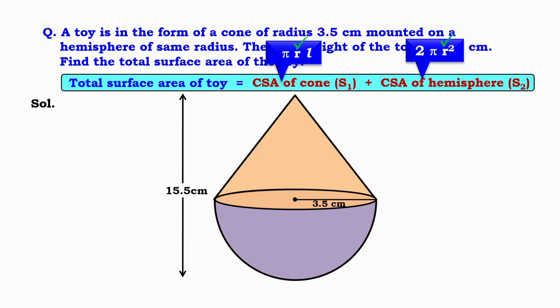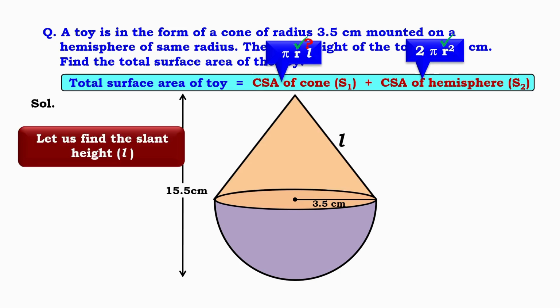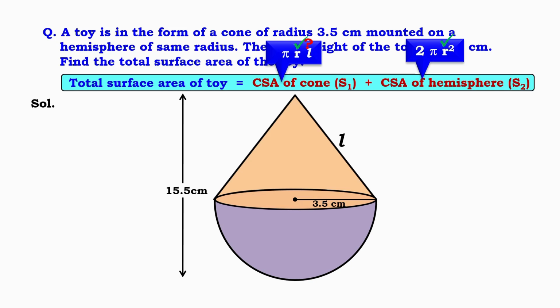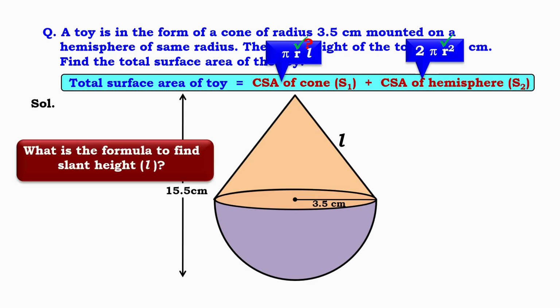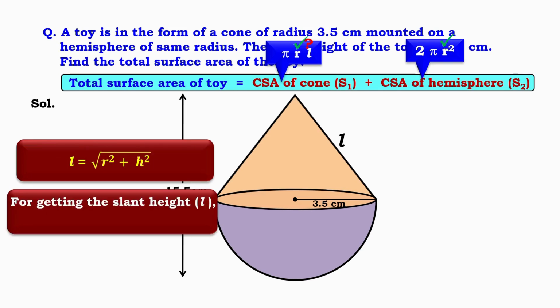So the radius is 3.5, so r we know. Now we need to find l, that is the slant height. So l will be the square root of r square plus h square. Now let us put the formula over here. For getting the slant height, let us first find h, the height of the cone.